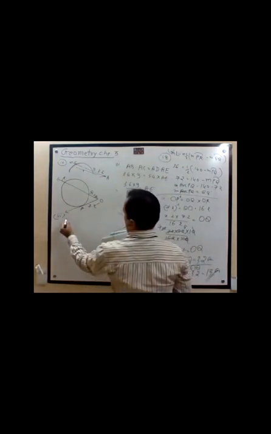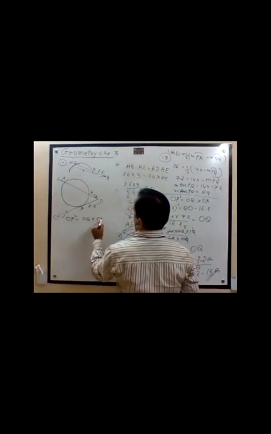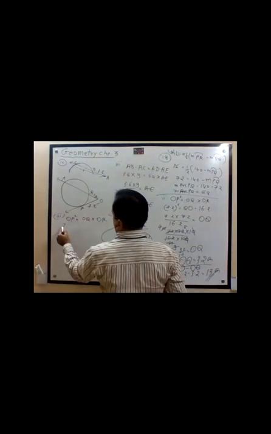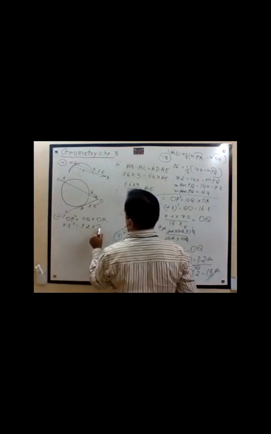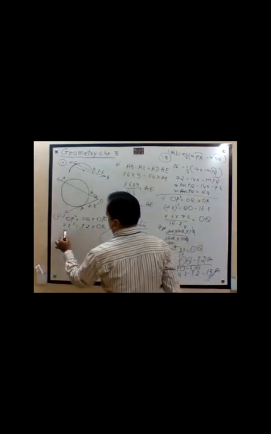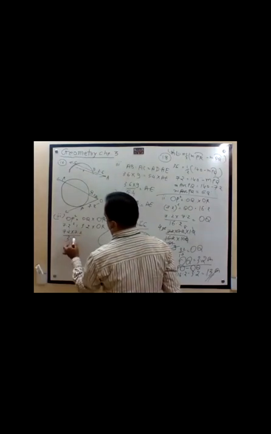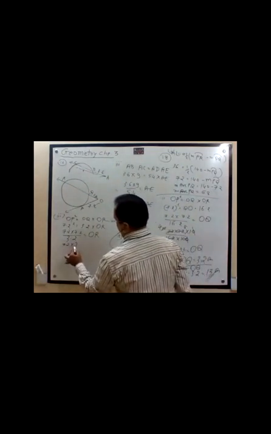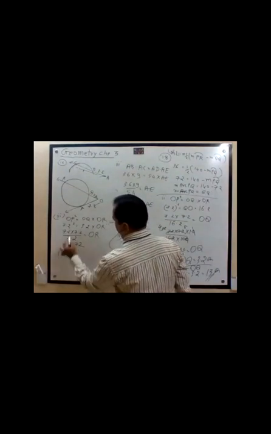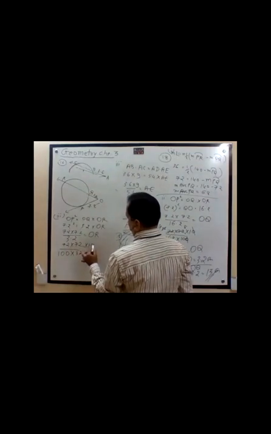Correct. So OP square is equal to OQ into OR. This is given: 7.2 square, 3.2 OR. 7.2 into 7.2 divided by 3.2 is OR. Correct. So 72 into 72 divided by 100, because 1 decimal, 2 decimal. This is 32, so 1 decimal.